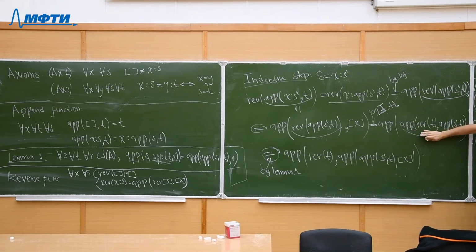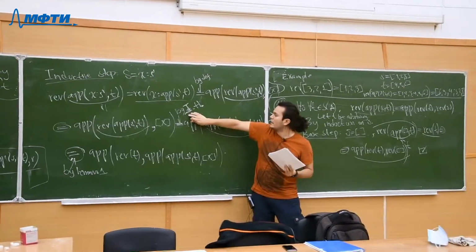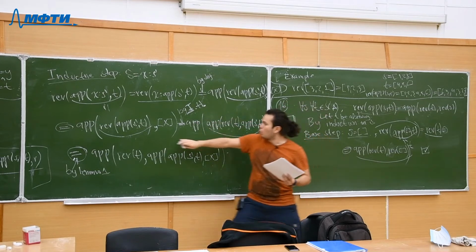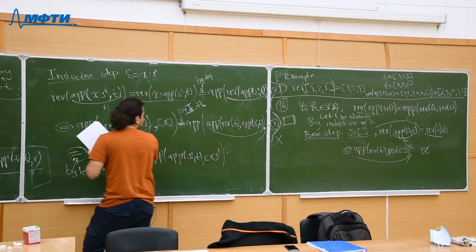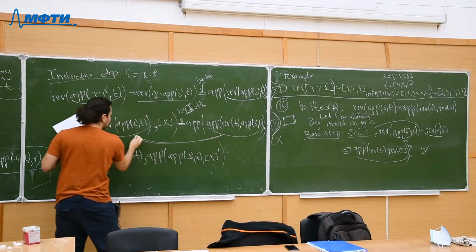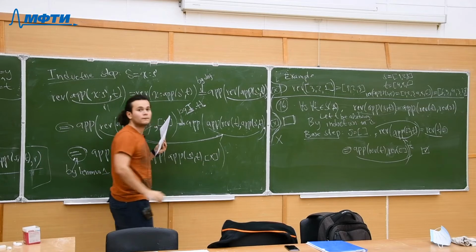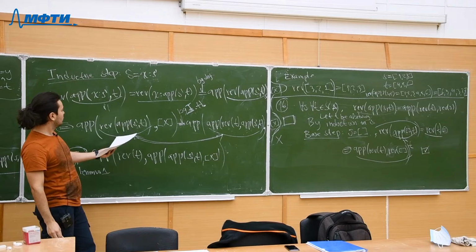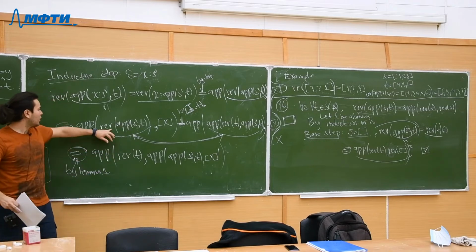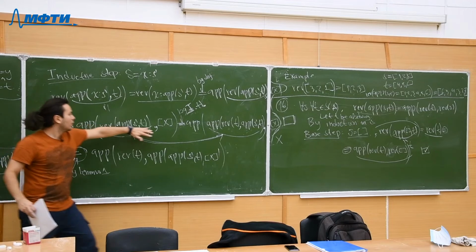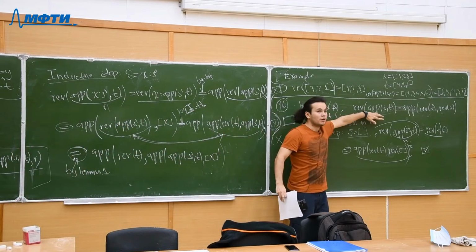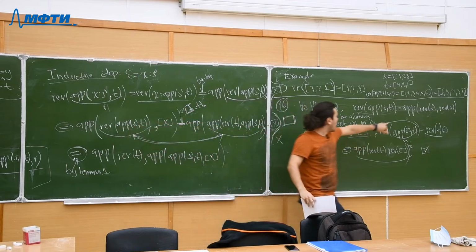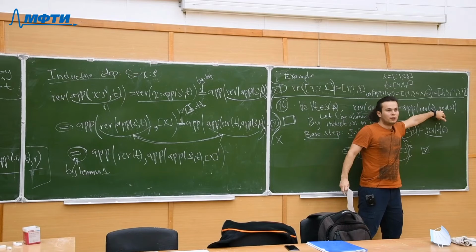No. This we wrote because of the induction hypothesis. So look, we had this. So this is going to be equal to this. Yeah, look. We have rep and app, and we have rep and app here, right? So we can change this rep and app. We can change it for app, rep, and rep. That's what we did.